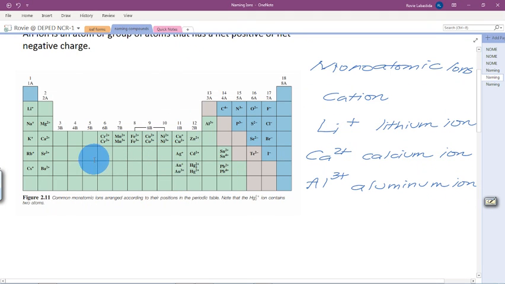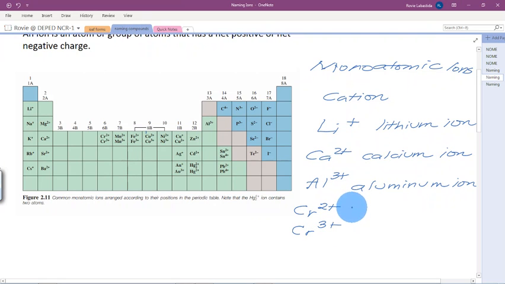But that is only applicable for those metals which have one possible charge. What if the metal has two or more possible charges? Let's say chromium, Cr2+ and Cr3+. How are you gonna name this?